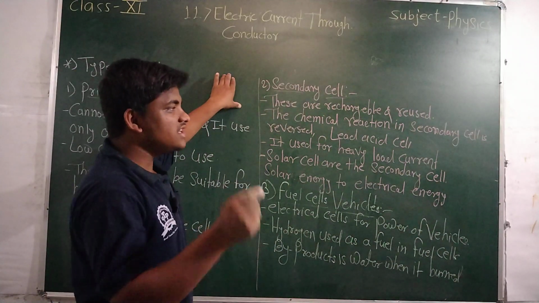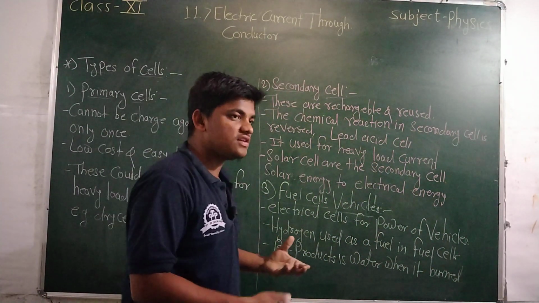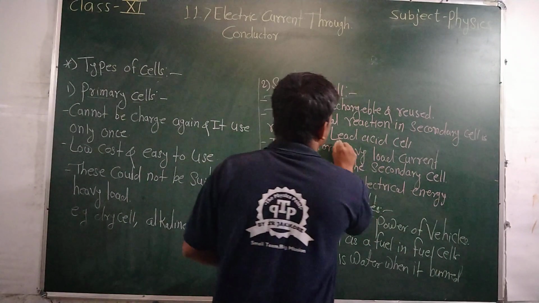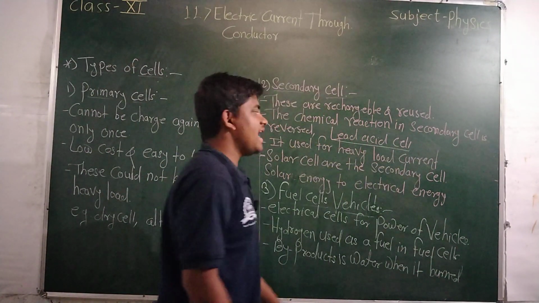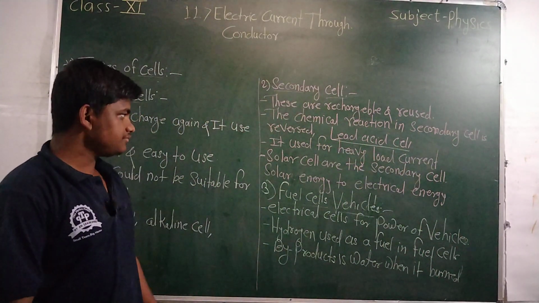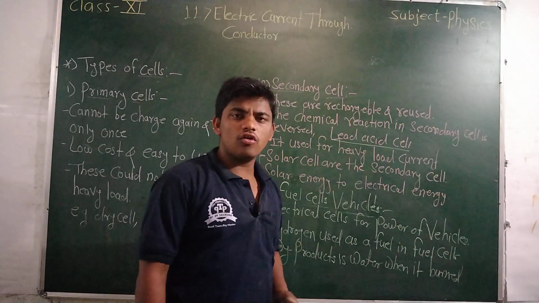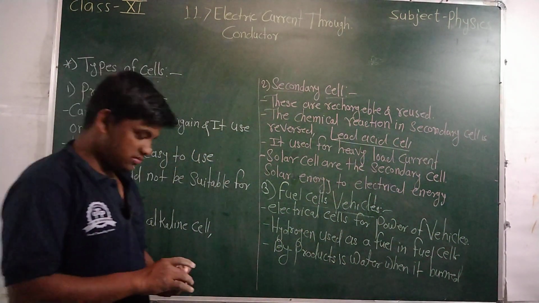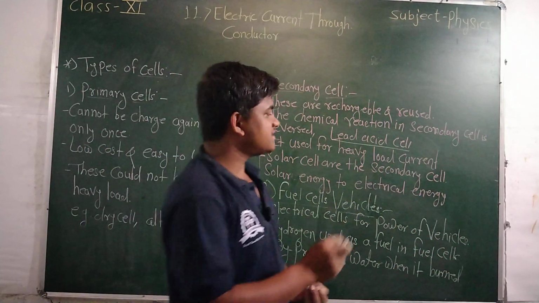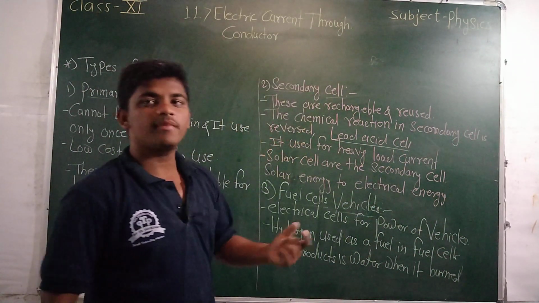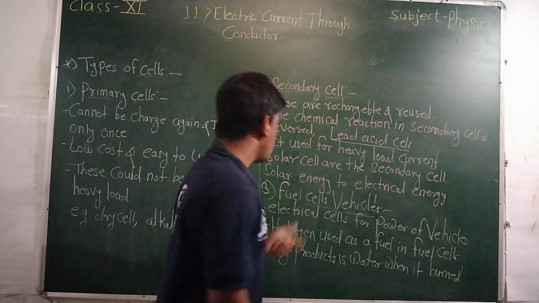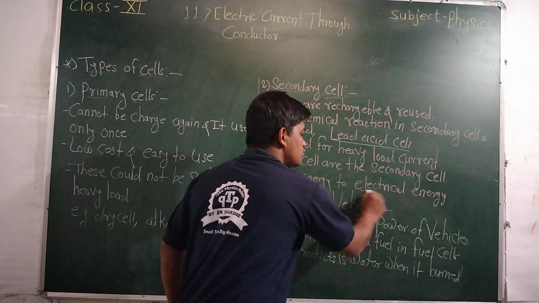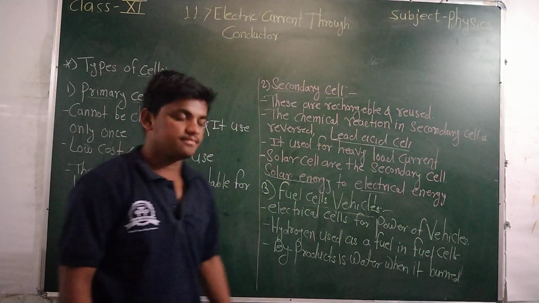The chemical reactions in secondary cells are reversed, and an example is the lead acid cell, which is used for a heavy load of current. Solar cells are also a type of secondary cell, converting solar energy to electrical energy.